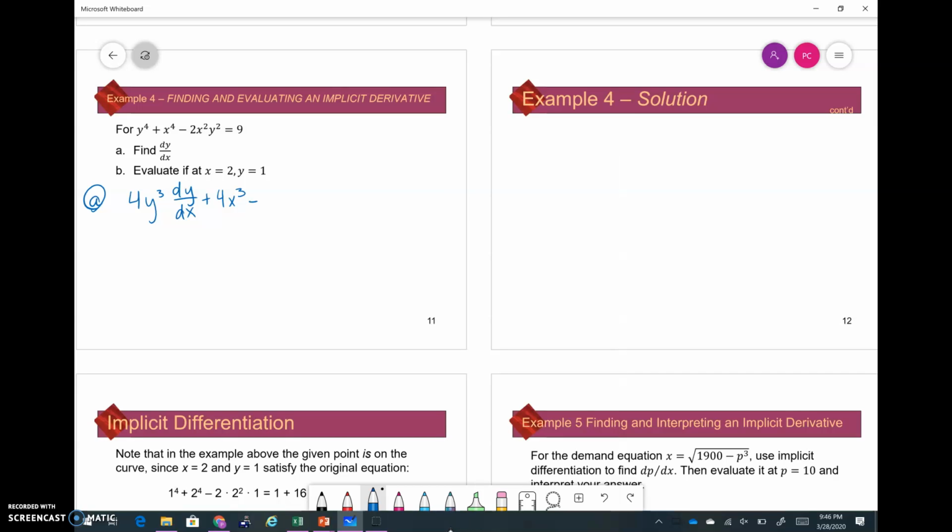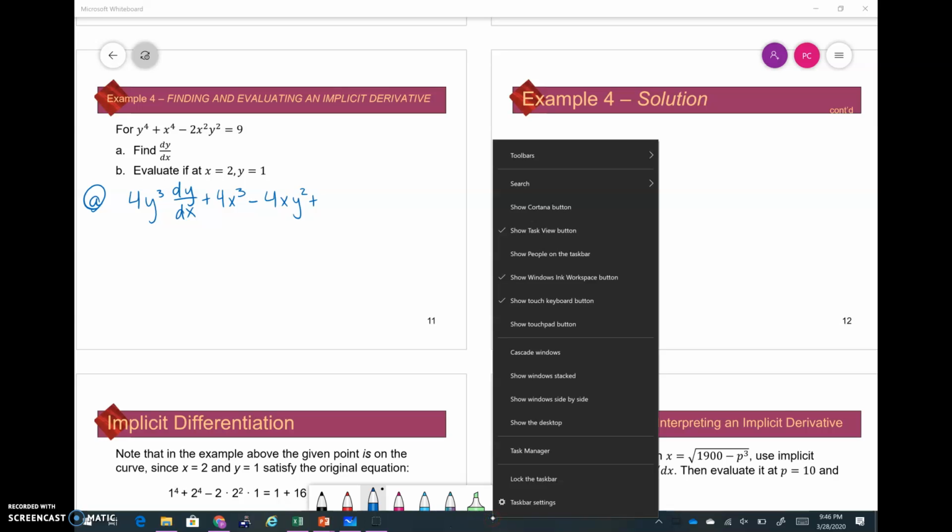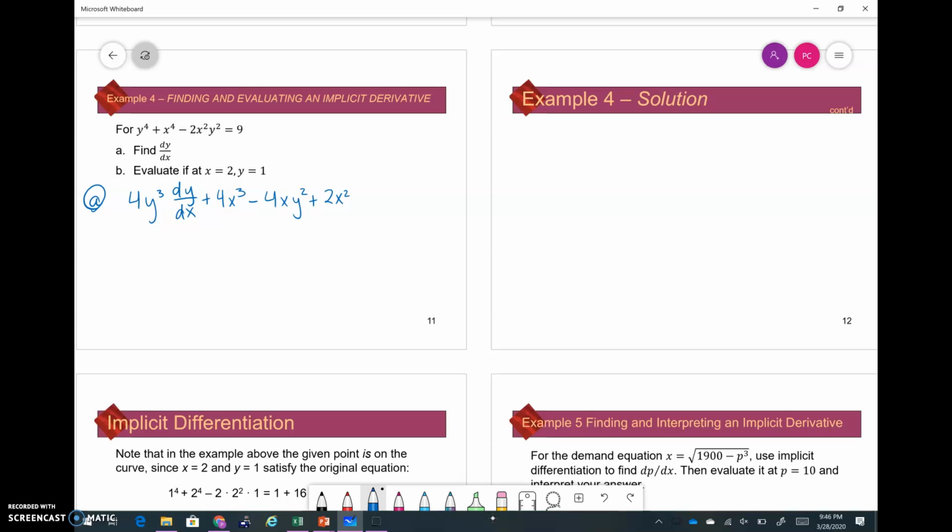So the first part of the product rule would give me 4xy squared, plus the second part would give me 2x squared times 2y dy over dx. And all of that would be equal to 0 because the derivative of 9 is 0.